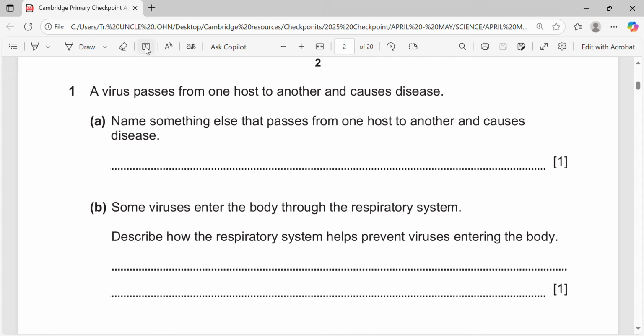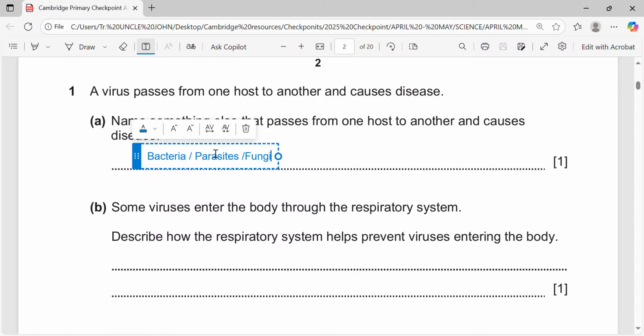You can say parasites. You can again say fungi. All these ones are possible answers.